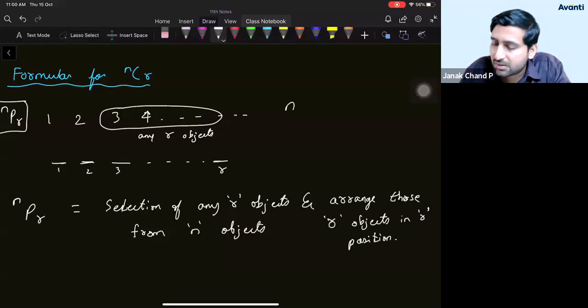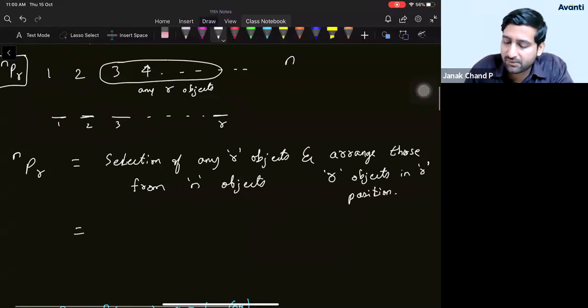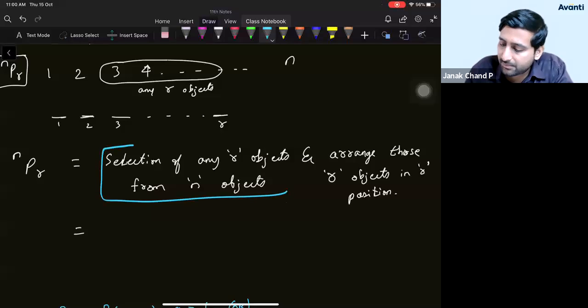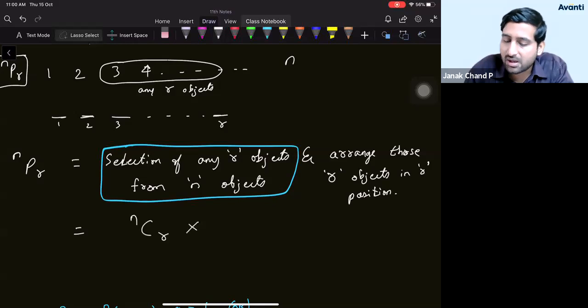So this is equal to, as we have already said, the selection of any R objects from n objects, which is NCR. Into, after selecting, we should also arrange those R objects in R positions. That is why I have written 'and', and because of the 'and', you get multiplication here.